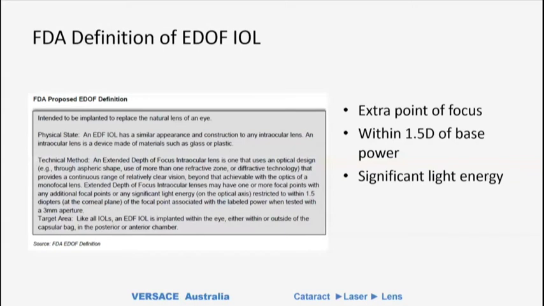That's quite a difficult and limited definition, really, because an extra point of focus, well, already it does not include a lens like the AccuFocus, because that has no extra point of focus, it's got a range of focus. Trying to define what is significant light energy is actually difficult. You might have a little bit of intermediate vision, but not enough to be functional. Well, is that going to be considered an EDOF lens?